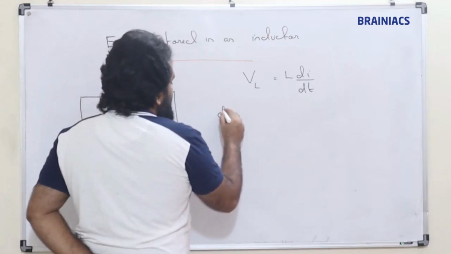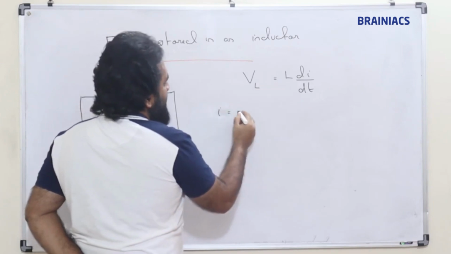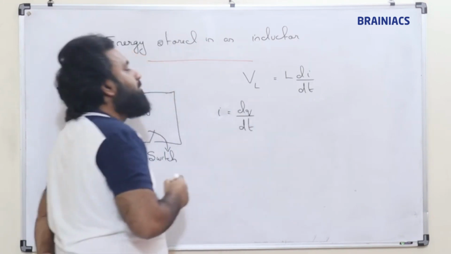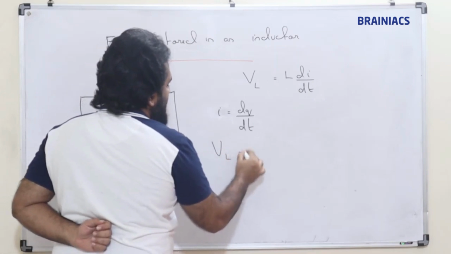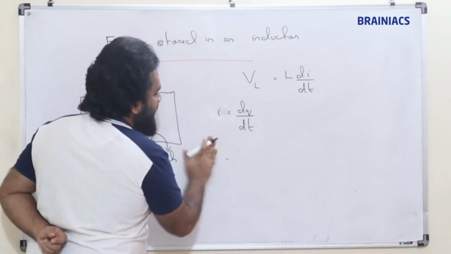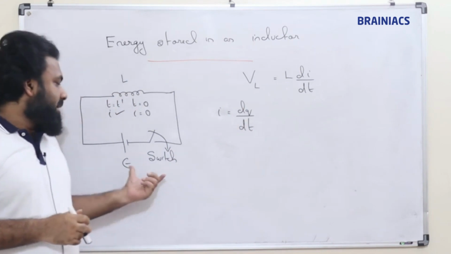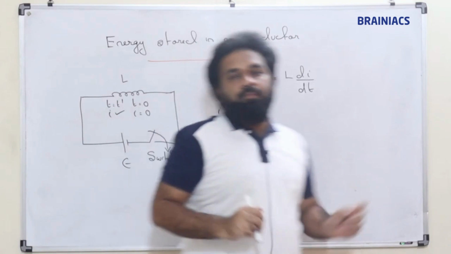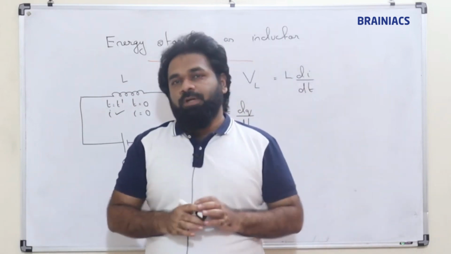Now, what is I? I is equal to dq by dt. Before that, there is a definition for EMF: EMF is the work done per unit charge.